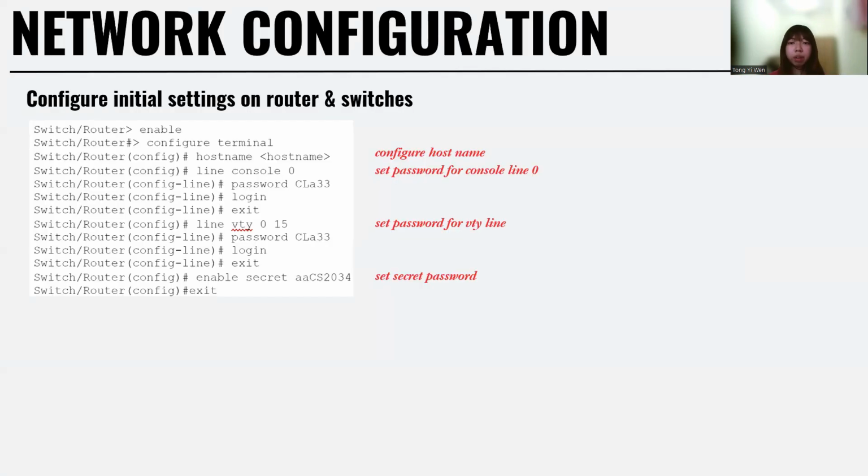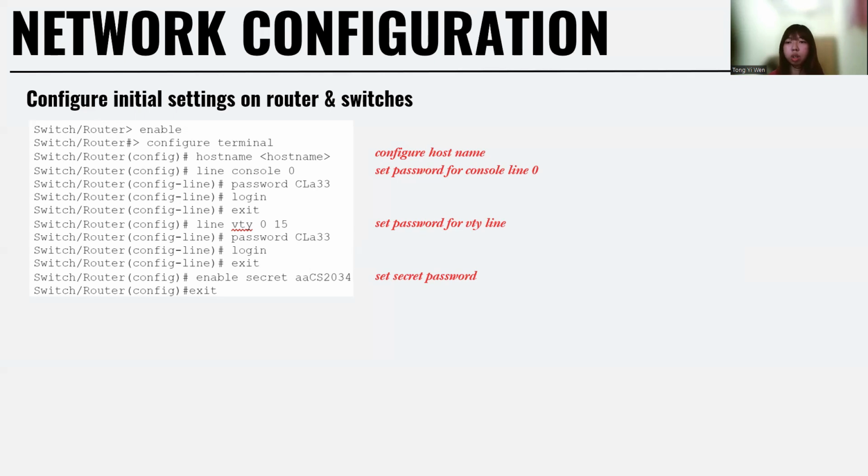Next, I will talk about network configuration. First, we configure the initial settings on the router and switches' passwords. We need to type the enable command to enter privileged mode. Then type configure terminal to enter global configuration mode. Next, type hostname to set the name you want for the router or switch.